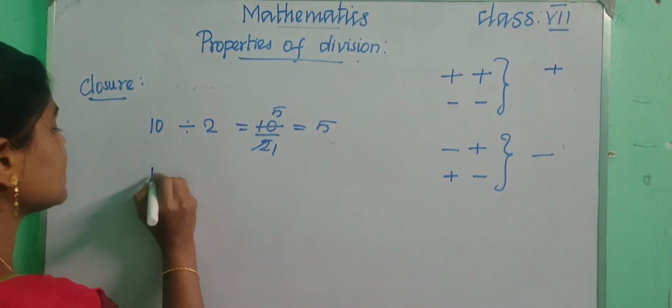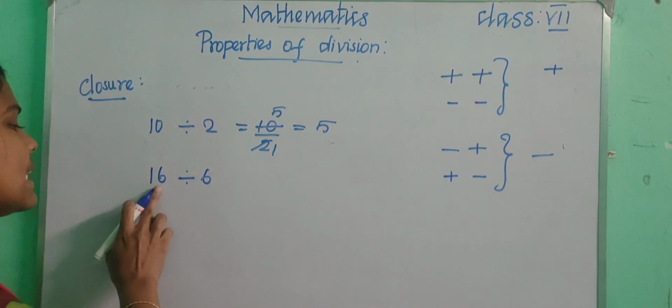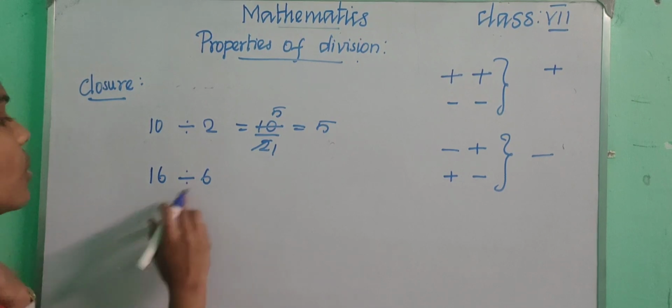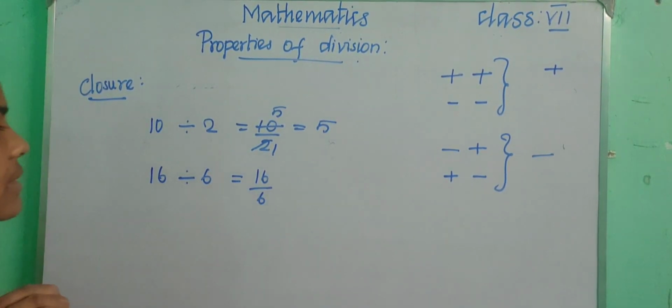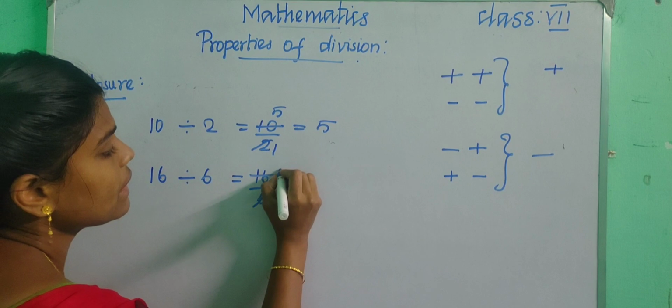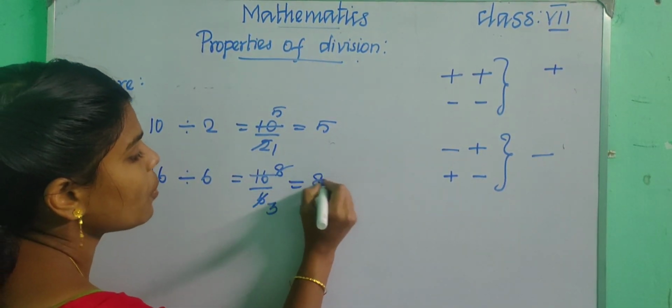Now let us see another example. 16 divided by 6. 16 is an integer and 6 is also an integer, right? So let us find the answer. See in the 2 table, 3 2s are 6 and 8 2s are 16. Now we are getting 8 upon 3.